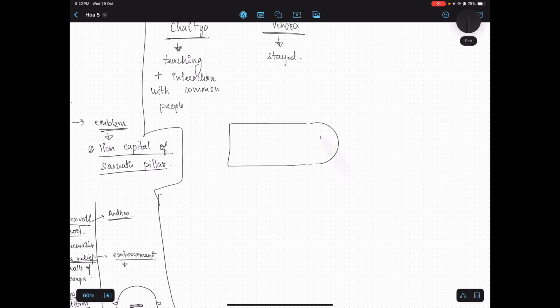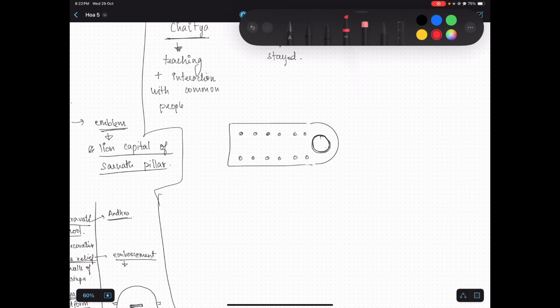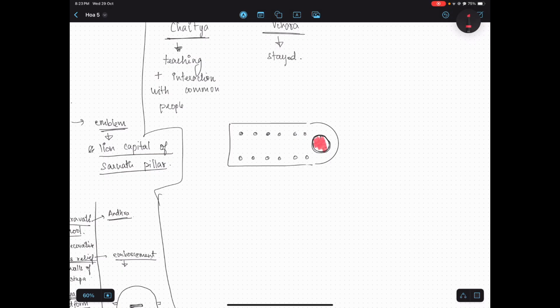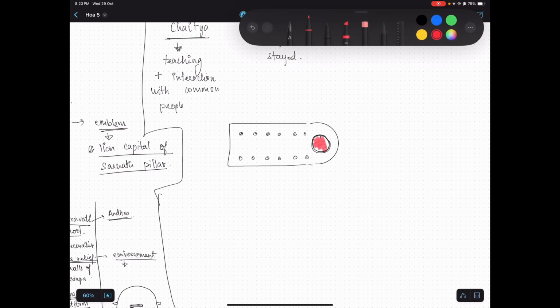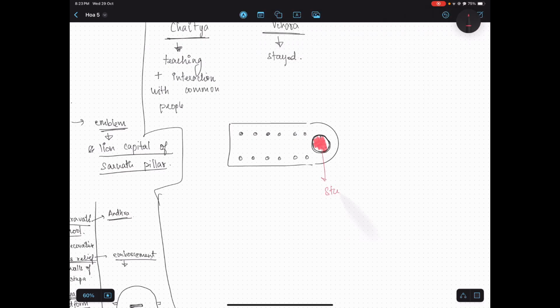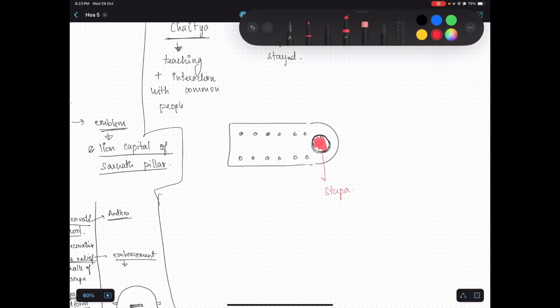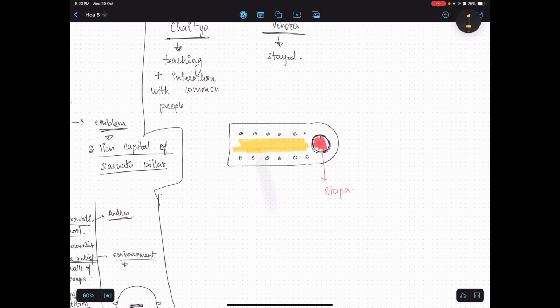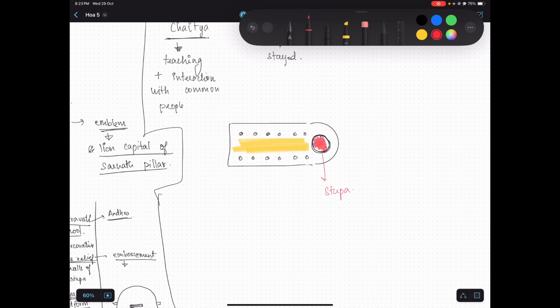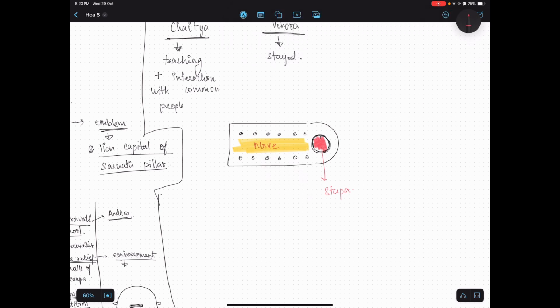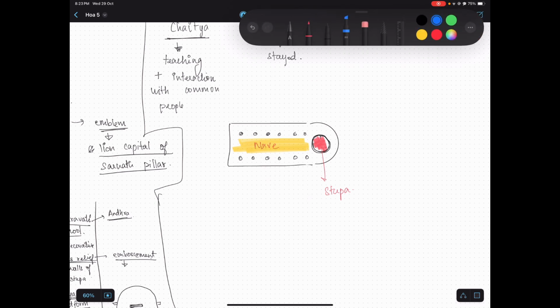So they had a stupa here and columns. So this was their stupa. This being the nave. And their aisle.